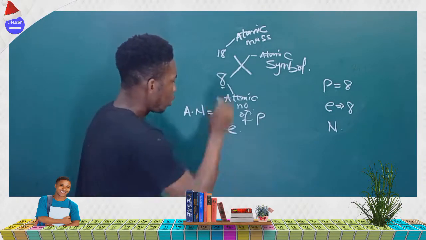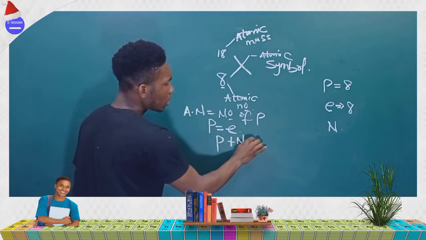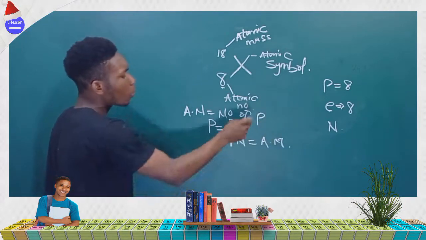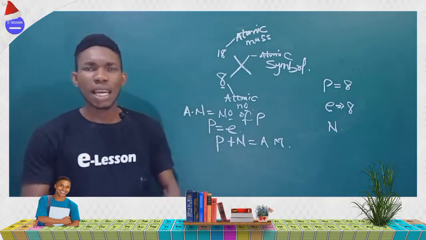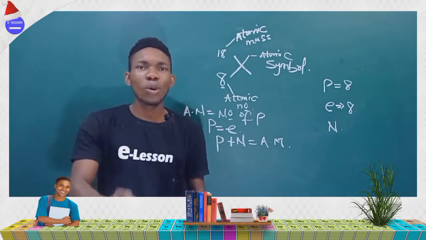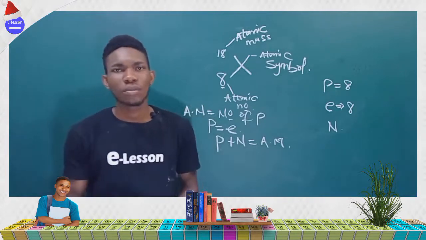Also, one should know that the number of protons plus neutrons is equal to the atomic mass. Please note this, this is the formula. That is to say that the total mass of the atom is the addition of the mass of the protons plus that of the neutrons.